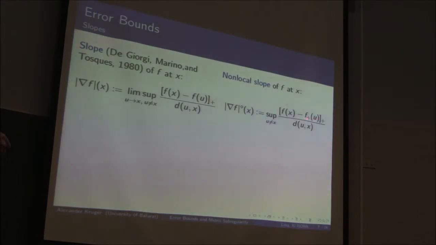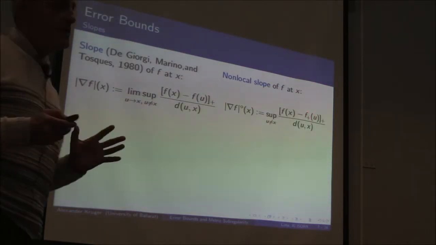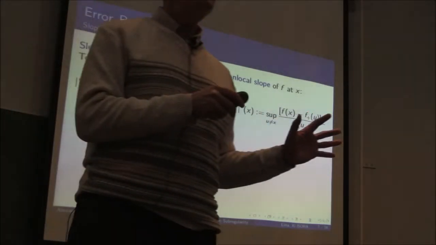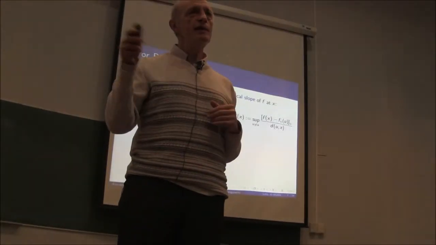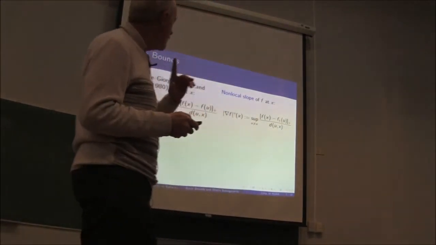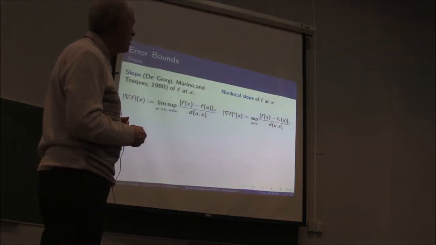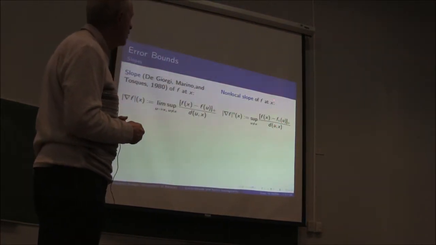And another thing is we have plus here. We don't have plus here, but plus is here. This is because we are looking for solutions of that inequality, f of x less than or equal to 0. So 0 is critical, but in principle we can use some other value here as well.